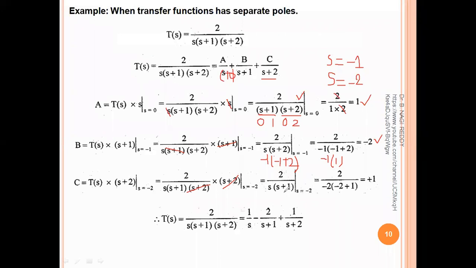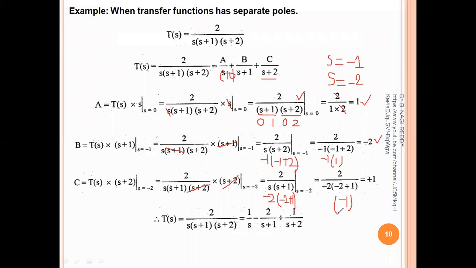Now substituting S as minus 2, we get minus 2 here, and minus 2 plus 1 here, which is minus 1.